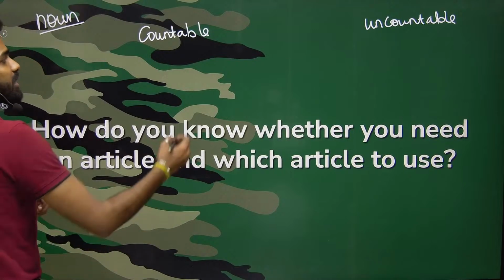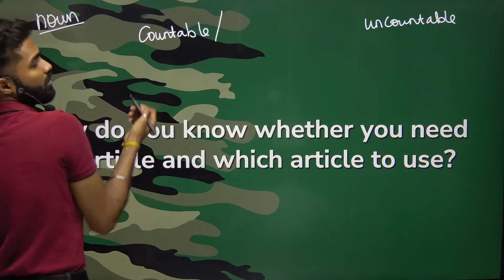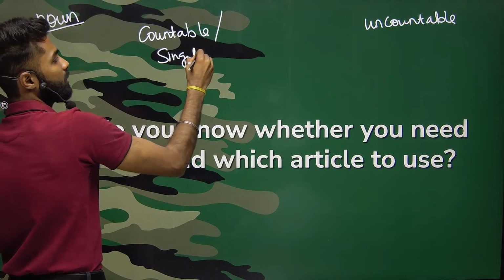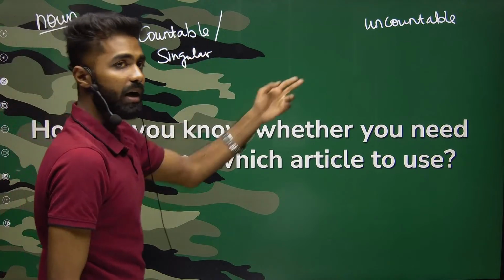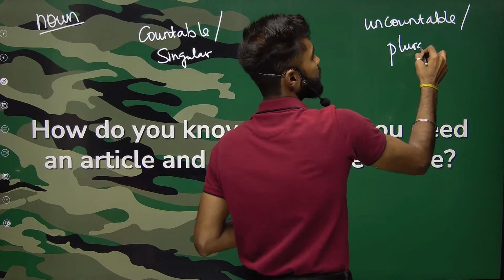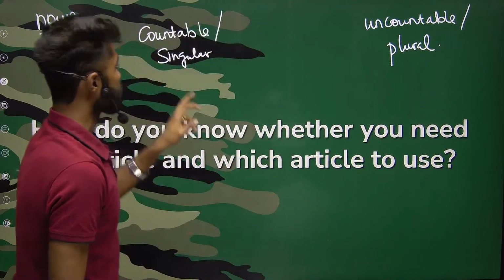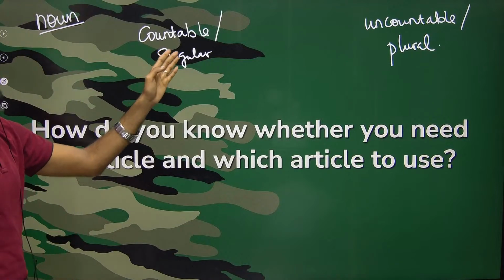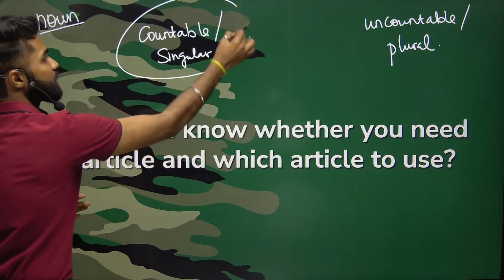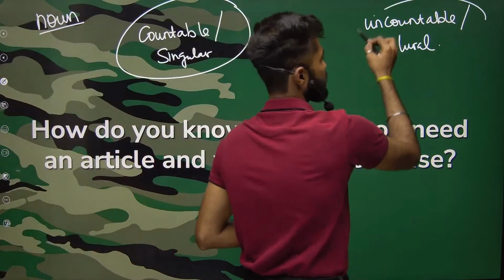Countable nouns can be either singular or plural, and uncountable nouns also can be categorized. So countable, singular, uncountable, plural. That's it. Categorize these two in such a way.